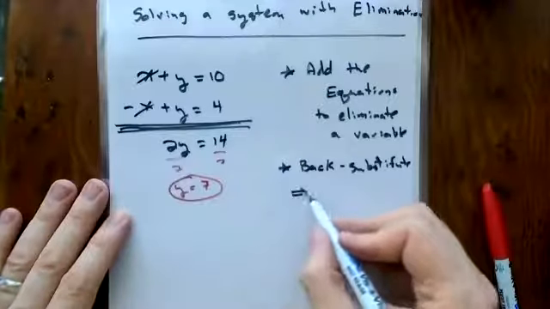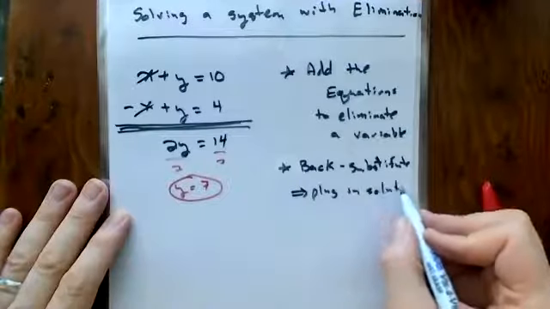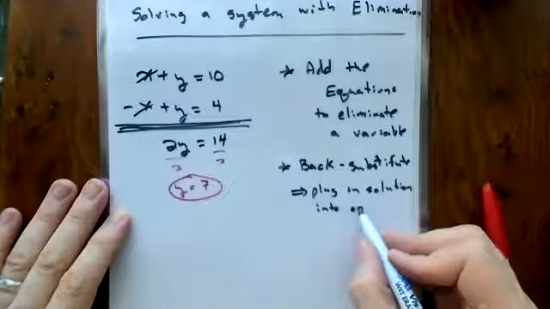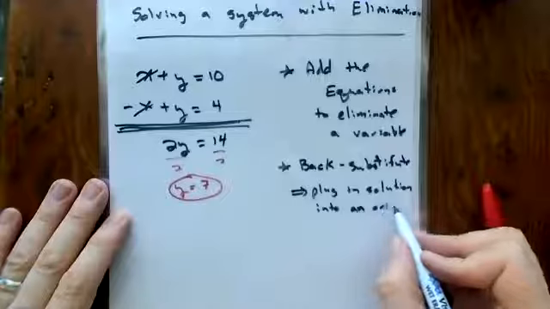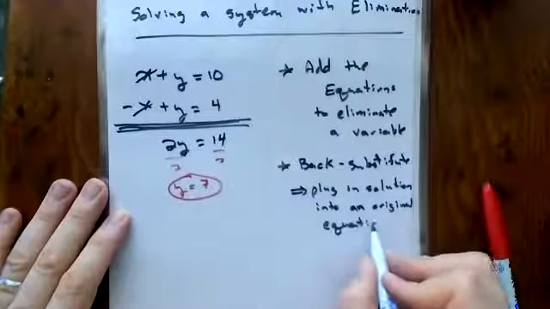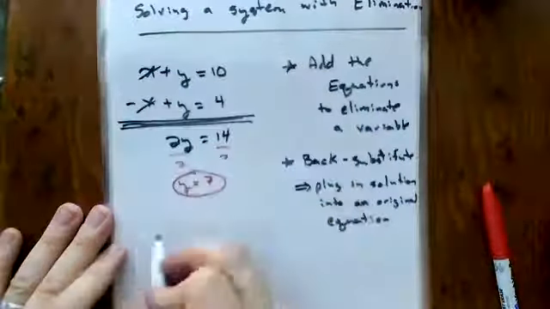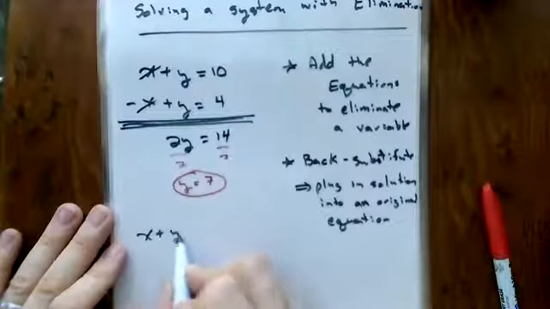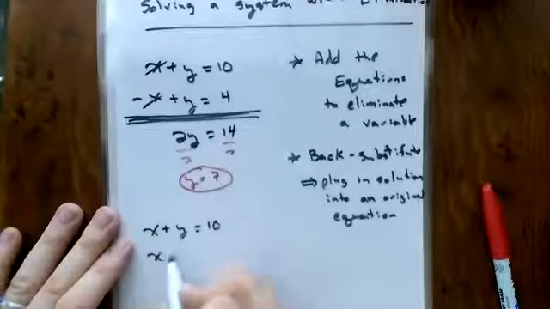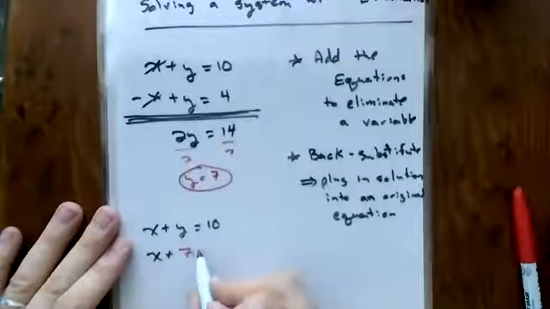So I'll go ahead and take this top equation, x plus y is equal to 10. I'm going to plug in my y equals 7, so I'll have x plus 7 equals our 10.